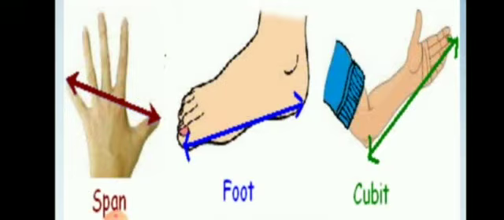It will be the same or it will be different. If you have measured the dining table and found its length is 7 hand spans, if your friend has measured, it may be 6, and like that it may be different when you use a hand span.